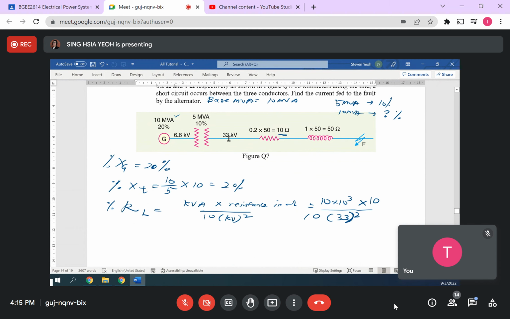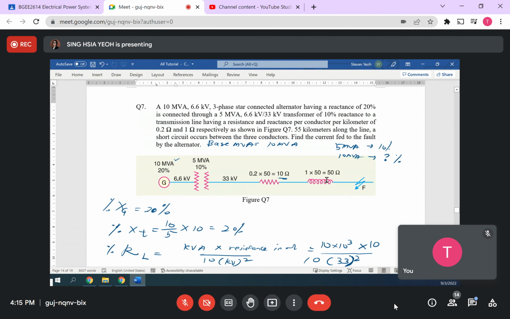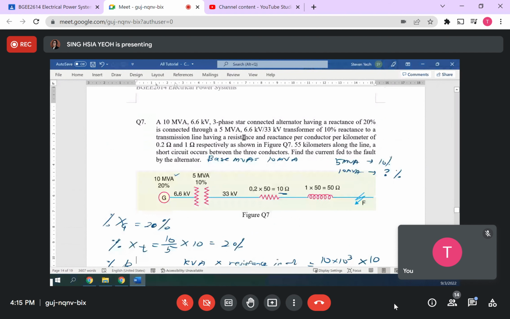Are you okay? I think there's a mistake here. Resistance and reactance per conductor per kilometer, right? Oh, yeah. Okay. You already multiply with 50. Oh, sorry, it's 50 kilometer, not 55. 50 kilometer.